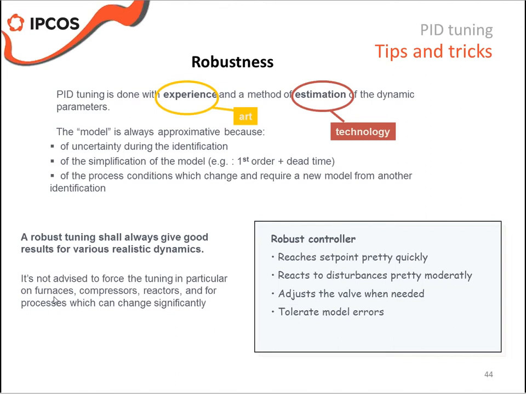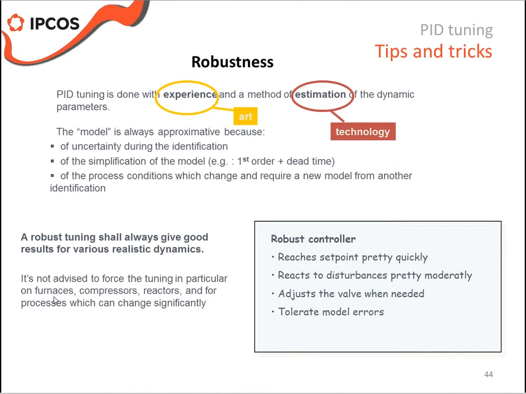So if there is a change, like I mentioned earlier on, in the gain of the model or in the dead time, then we shouldn't end up with an unstable loop. We should have enough robustness so that if the process operating point changes, the loop should be stable. For example, your plant is running at not 100% capacity, but perhaps 80% or 70% capacity, then it should all be working. And the same during startup and shutdown conditions.